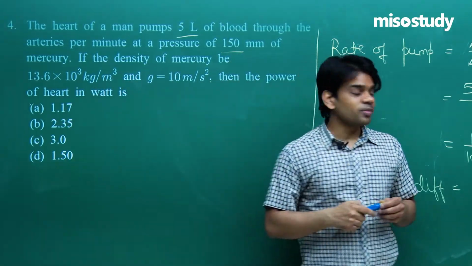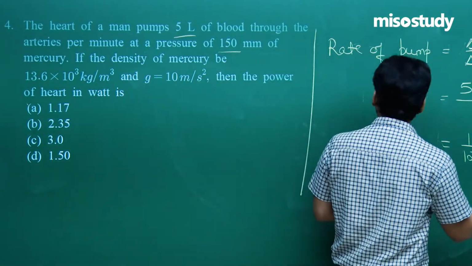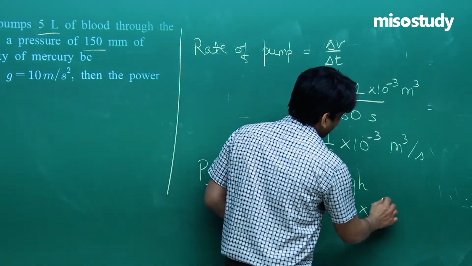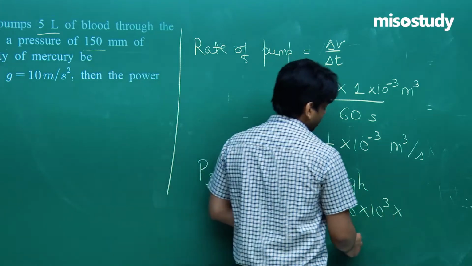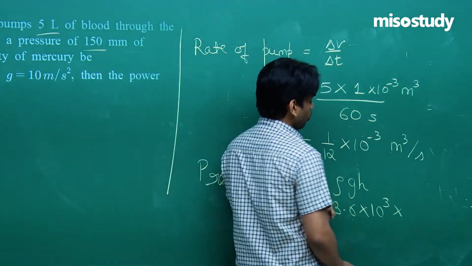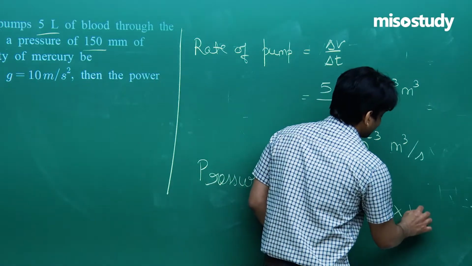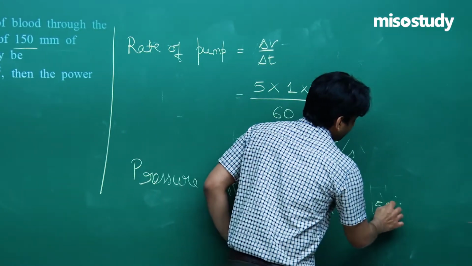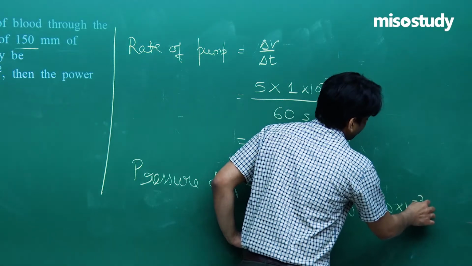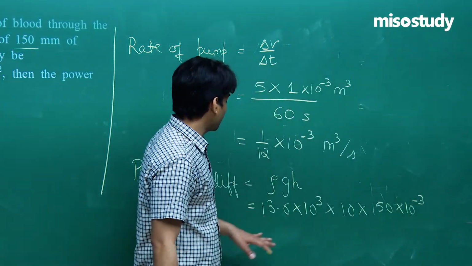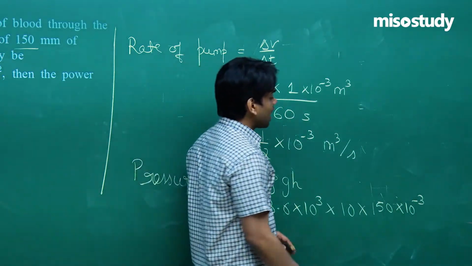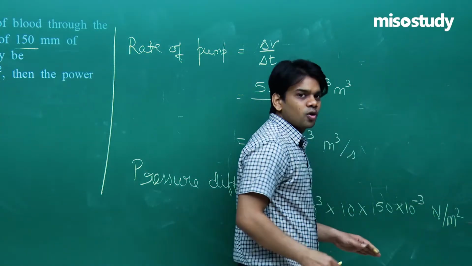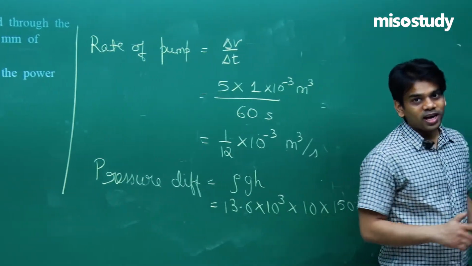H is given as 150 mm, rho is given as 13.6 into 10 to the power 3, multiplied with g, that is 10, and h is 150 mm, which can be written as 150 into 10 to the power minus 3 meters. So you are going to get the pressure difference in standard units, that is Newton per square meter. Hope that you have obtained this value.